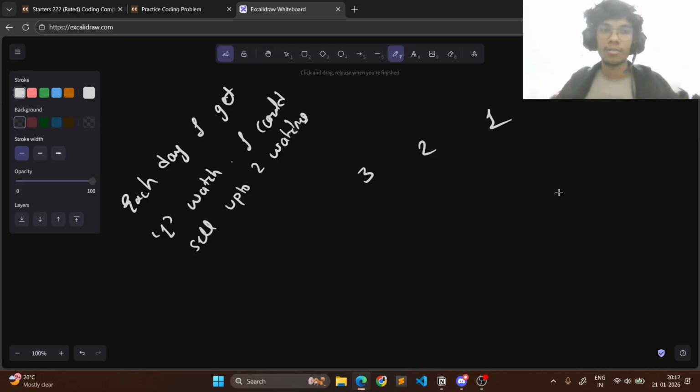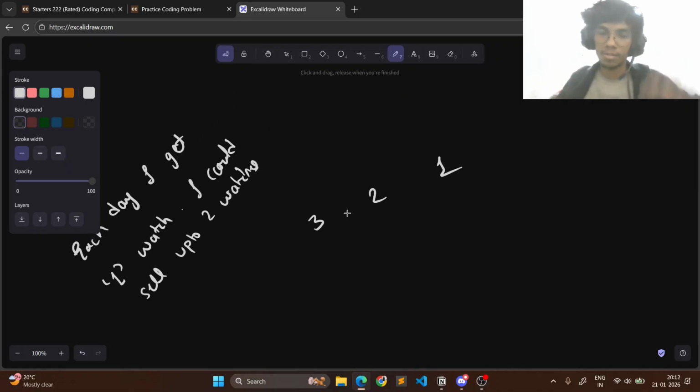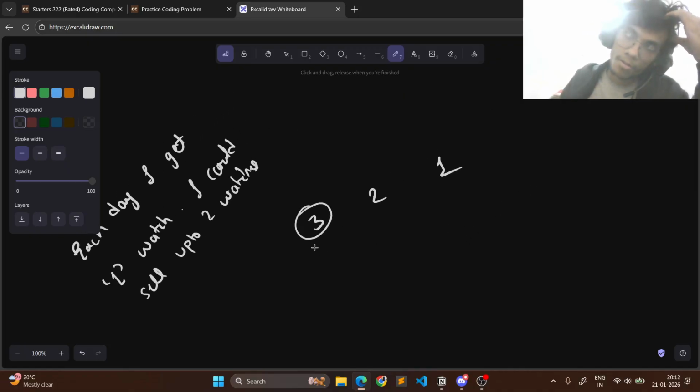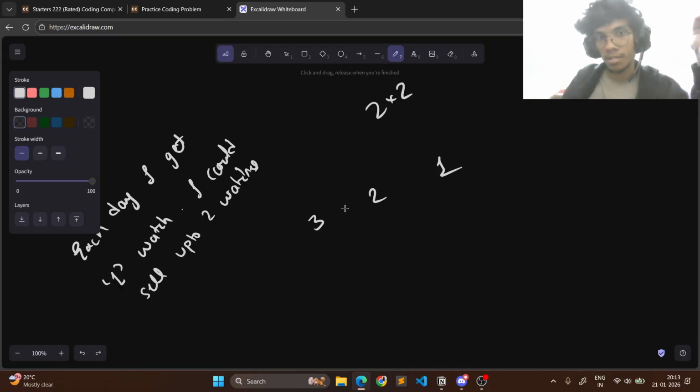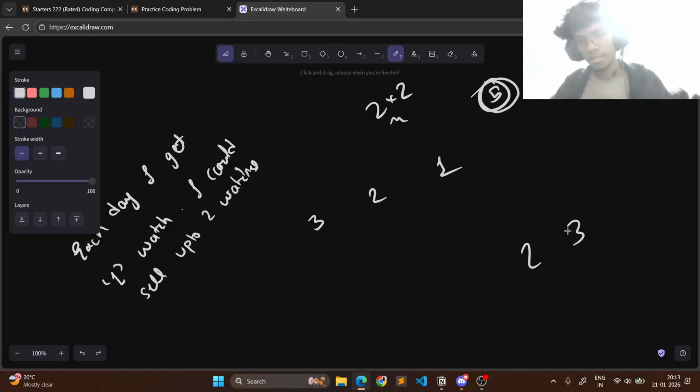Selling on the ith day costs A[i]. So 3 2 1. Now we can sell 1 here or we can wait. So if we wait, I could sell 2 watches for 2. Or I could sell 1 here and sell 1 here. This would be 5, this would be 4. This is obviously greater. If it were 2, 3, then I think we could have taken this.